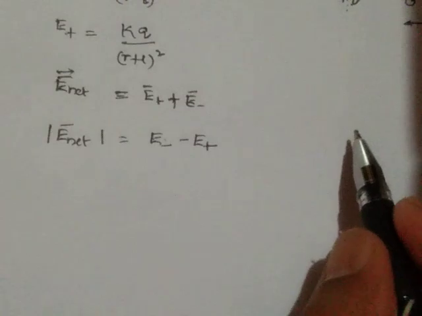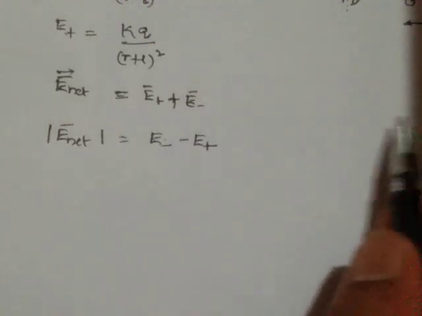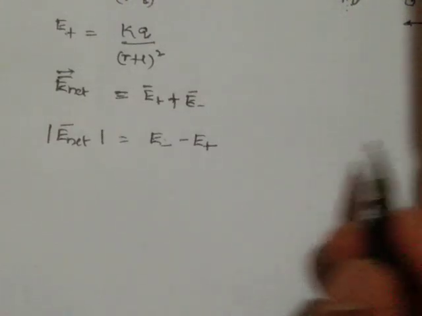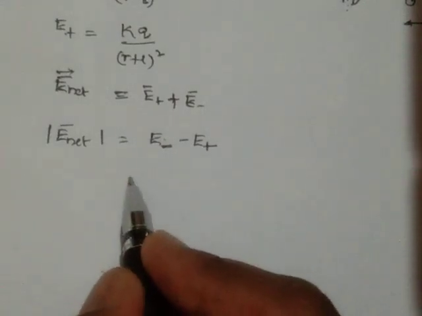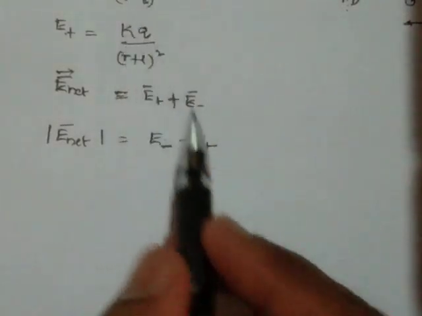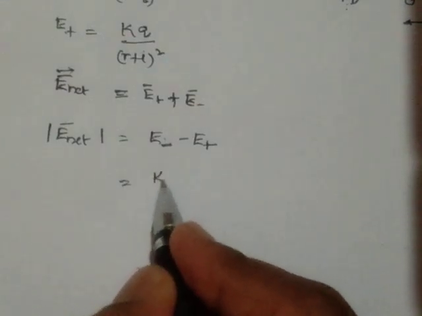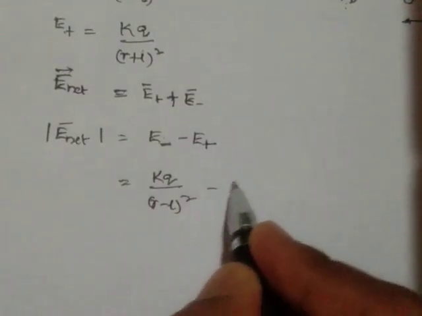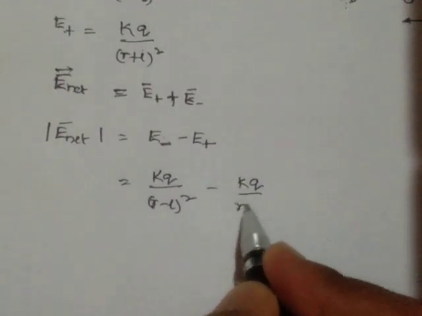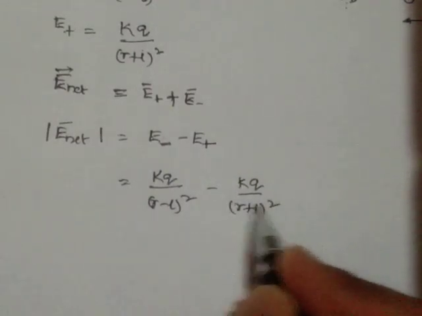This was discussed in the classroom itself. Substituting the values, it is kq by r minus L whole square minus kq by r plus L whole square.